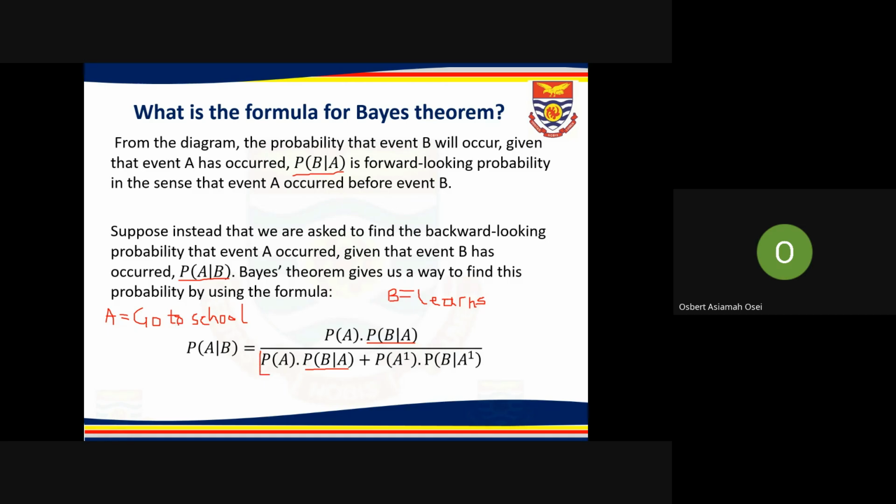Here, this denominator, the sum of this denominator should give you the probability of B. Let me erase some things and tell you how the Bayes theorem is expanded to this form.